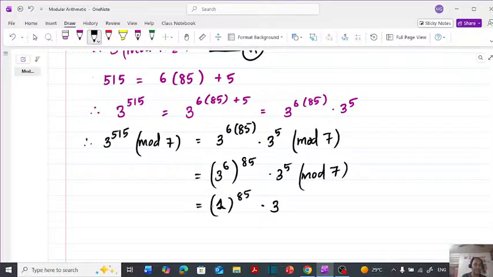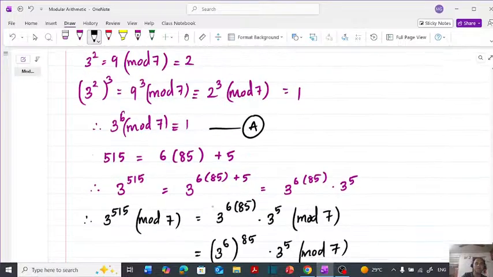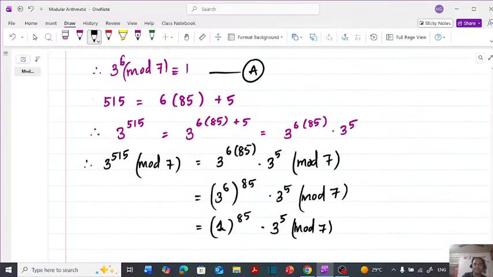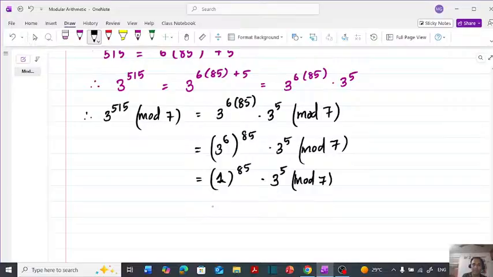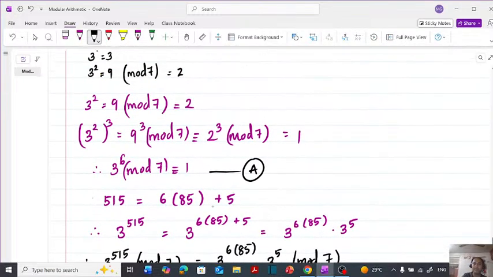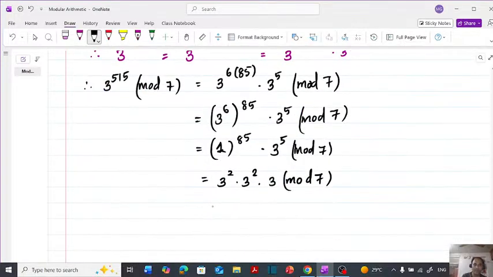3 raised to 5, how is it going to behave? Let us see. This can be treated as 3 square into 3 square into 3 mod 7. 3 square behaved like 2, right?